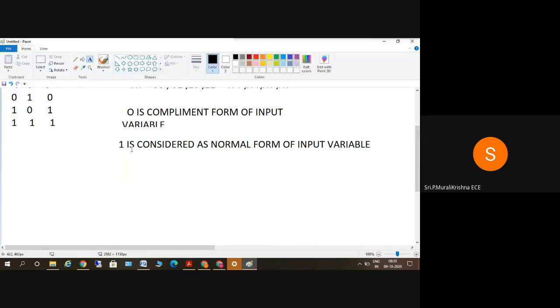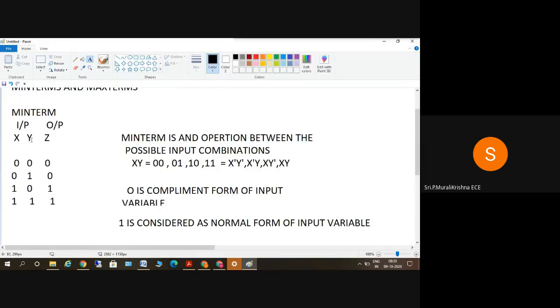This is the thing we have to observe. A minterm is the ANDing operation between the possible input combinations, and ANDing is nothing but multiplication, the dot operation. If I consider x, x is the normal form.